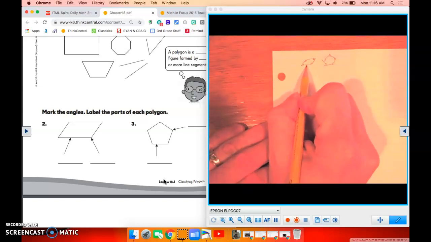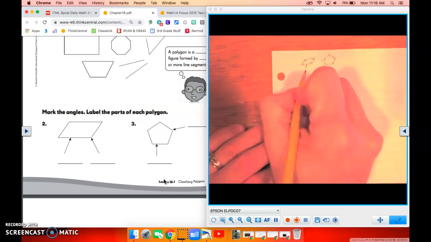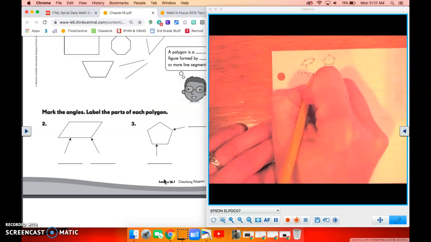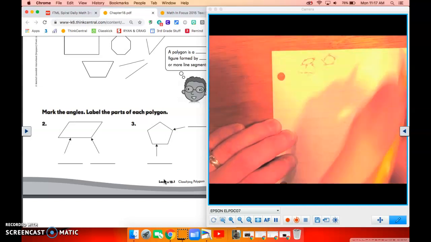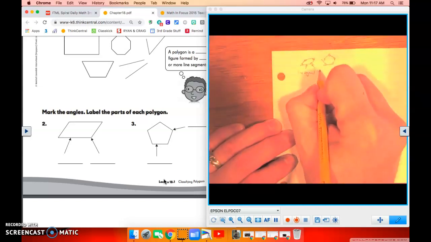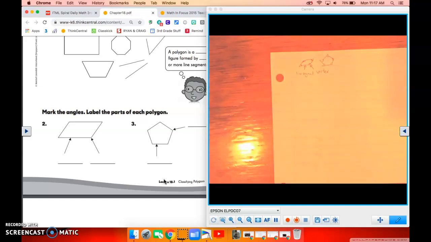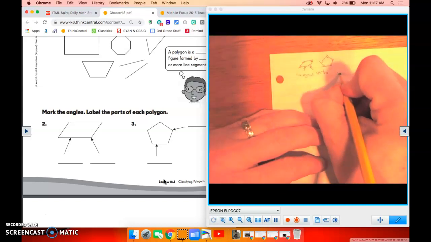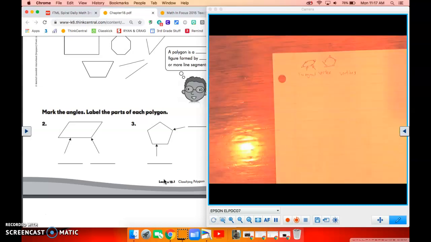This part is the line segment. And the fancy name for that corner is the vertex, V-E-R-T-E-X. If you have more than one, you would have vertices.